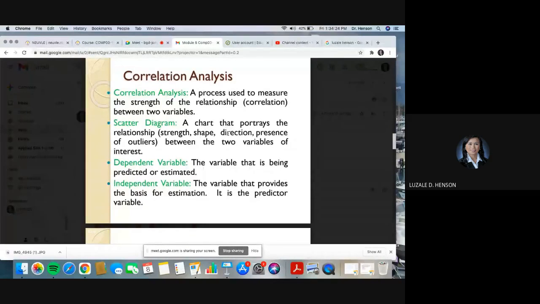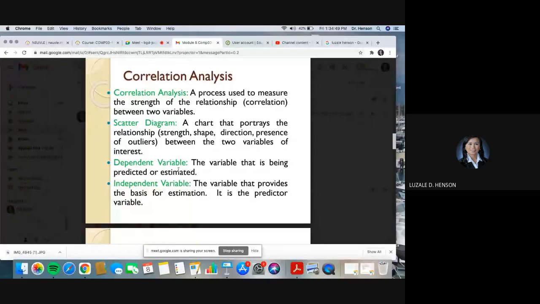It's a chart that portrays the relationship. You will know the strength, the shape of the observations, how they are positioned in the XY plane, the direction, whether it has a positive slope or negative slope, and the presence of outliers between the two variables of interest.